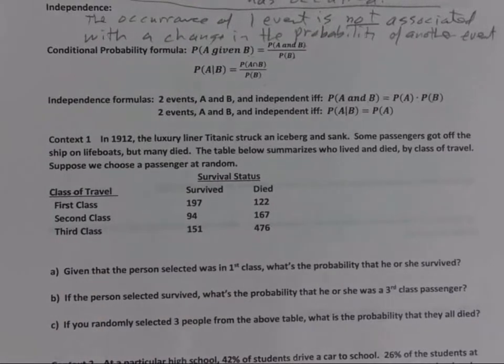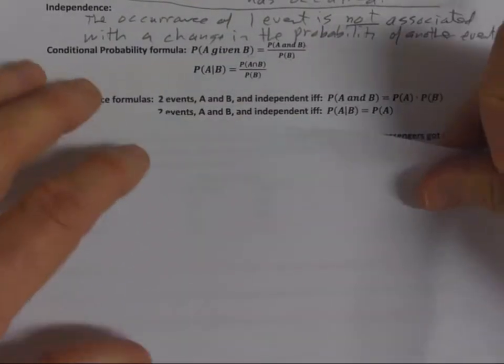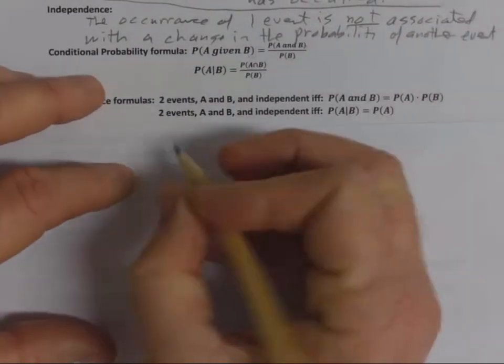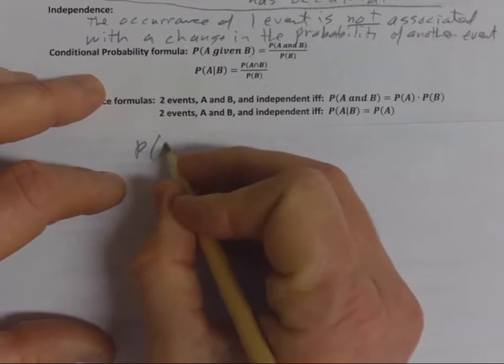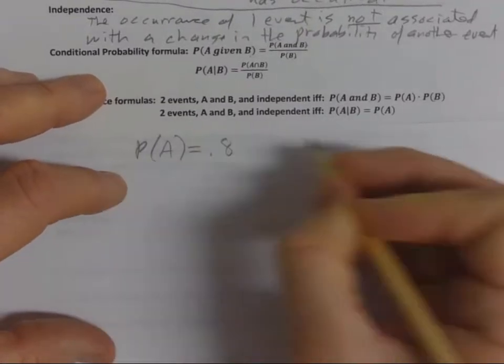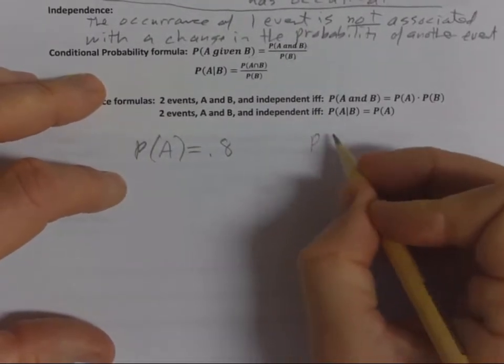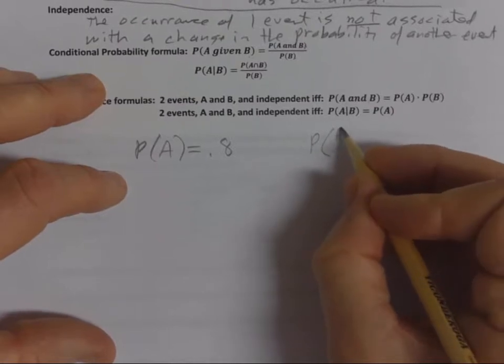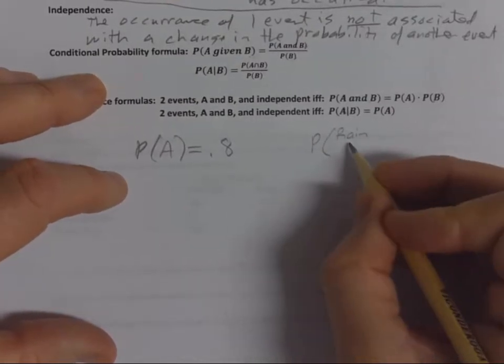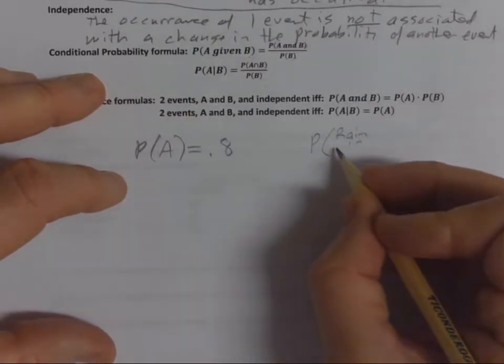For instance, if I were to say the probability that I'm going to golf on Saturday is equal to 0.8, and let's say event B is that it's going to rain in London, England.